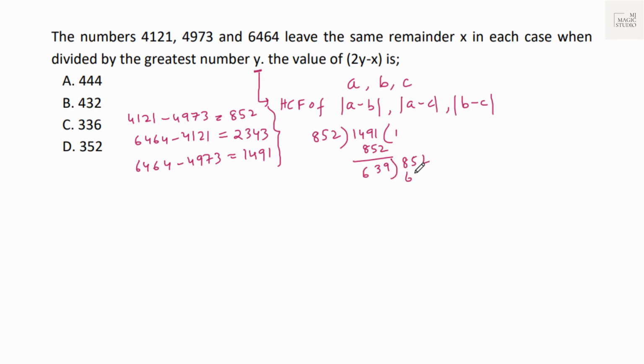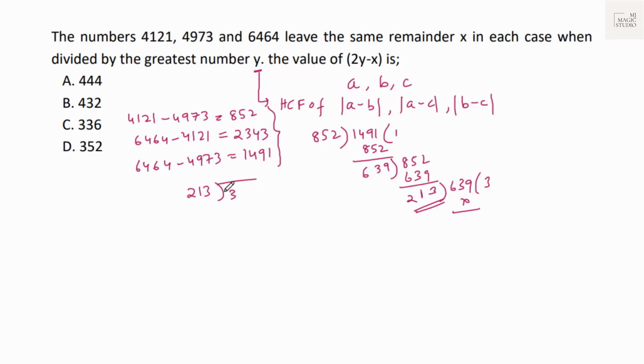Again 852 goes 1 time, leaving 213. 639 goes 3 times in 213. That means 213 is a common factor between 852 and 1491. We just need to check whether 213 divides 2343 or not.